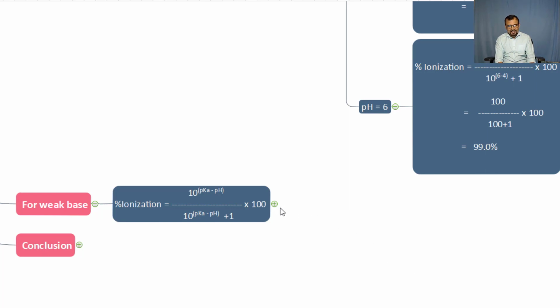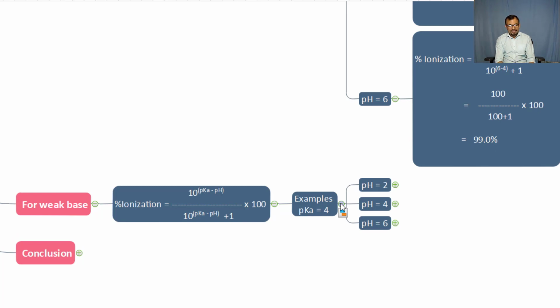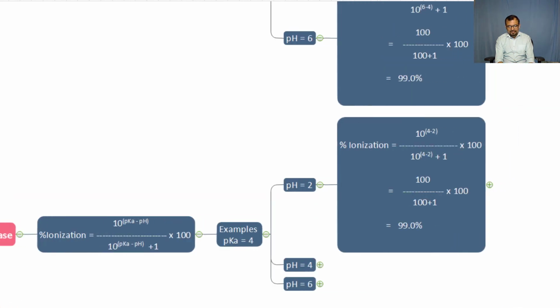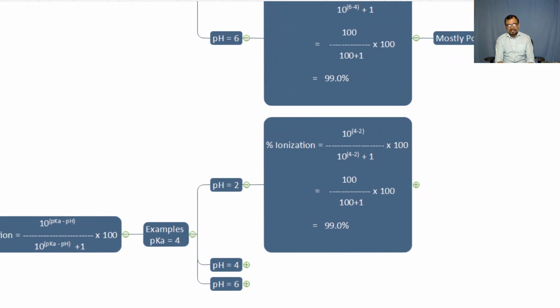And let us understand this with the help of same example, just replacing the weak acid by weak base and keeping the pKa value same, that is 4. And the pH values are also same: pH 2, 4 and pH 6. And here is the percent ionization with the pH value 2.